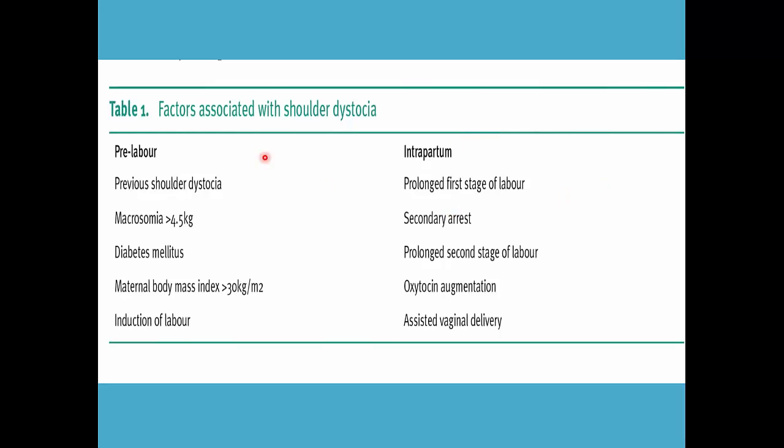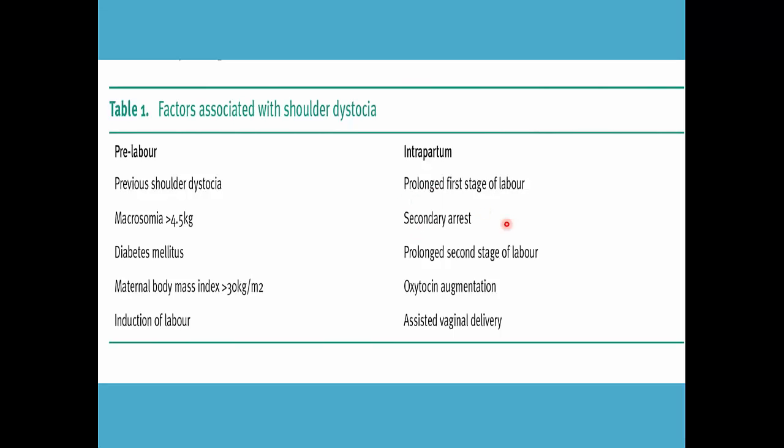If there's a prolonged second stage and it requires assisted delivery, this increases the risk of shoulder dystocia. Also, vacuum deliveries are more likely to be complicated by shoulder dystocia than forceps delivery. If you deliver the patient by vacuum, there is a higher risk for shoulder dystocia than with forceps delivery.